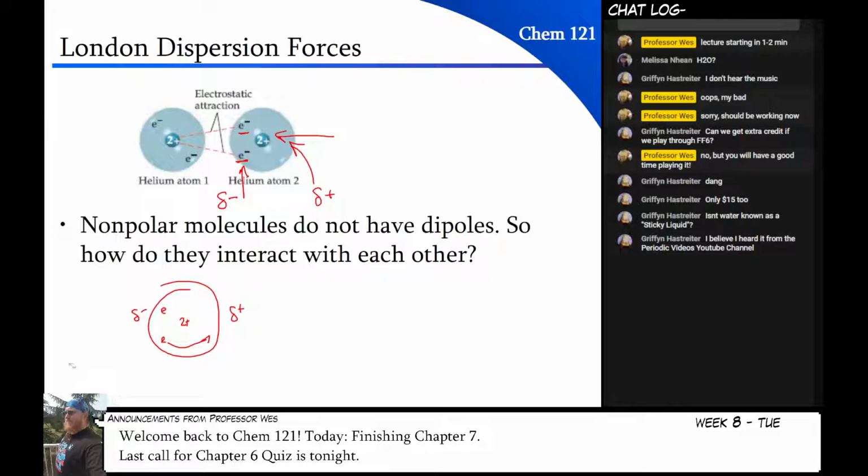The second that it does that, this goes away and the effect is removed. It no longer exists. So at random intervals, nonpolar molecules will form temporary dipoles.